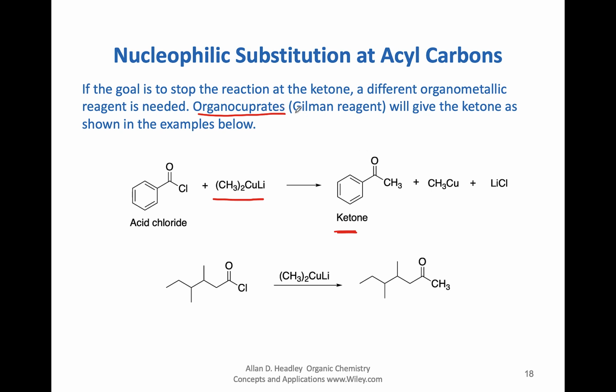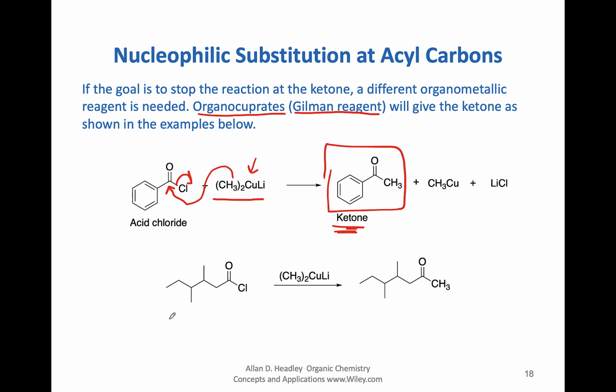This reagent is also called a Gilman reagent. So this is far less reactive compared to the Grignard reagent, so it will react with this carbonyl, kicking that out and stop. So this is the final product, the ketone, when we use the Gilman reagent or copper lithium.